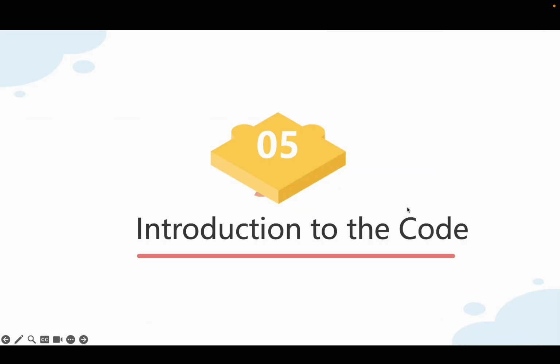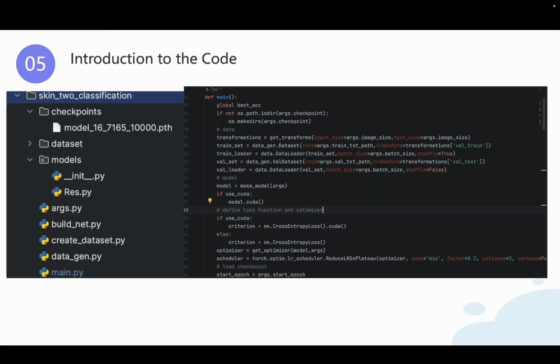Next, we will discuss how we do it. Introduction to the code declarations. Args.py shows the various arguments used for training and testing. Create_dataset.py is the script used for reading the data in JSON. Datagen.py is the script used for dataset examination, as well as data enhancement and data loading.